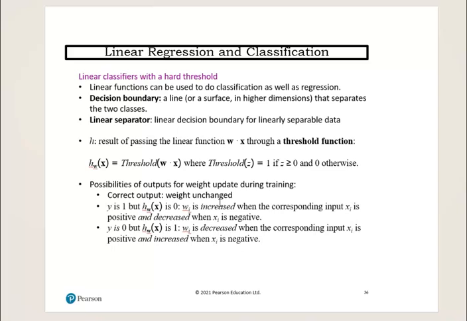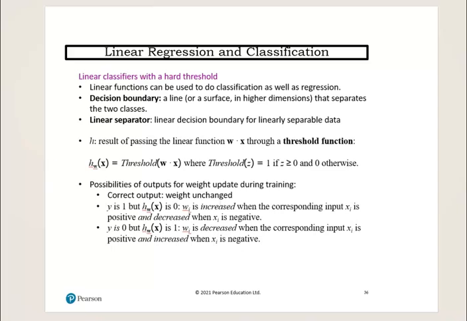So given this training data, the task of classification is to learn a hypothesis H that, given a new measurement x1 and x2, returns 0 for earthquakes or 1 for explosion in that case.